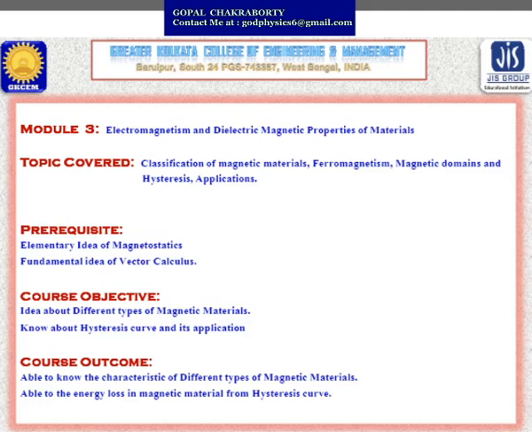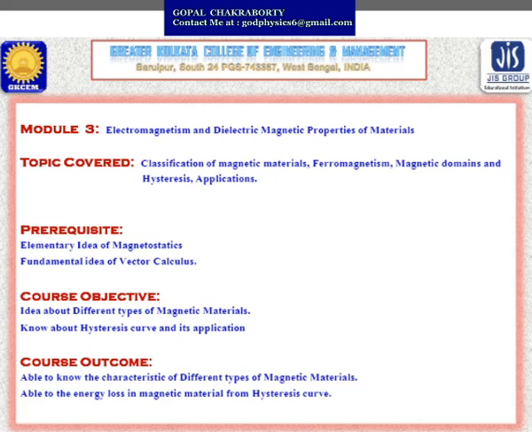Prerequisite for this course: elementary idea of magnetostatics and fundamental idea of vector calculus. The course objectives are an idea about different types of magnetic materials and knowledge of the hysteresis curve and its applications.